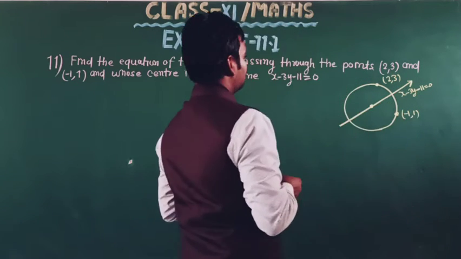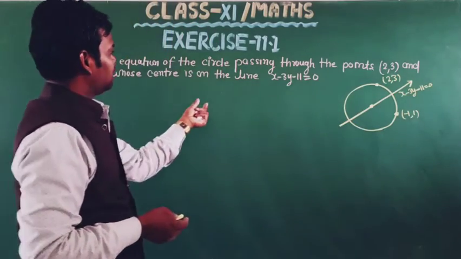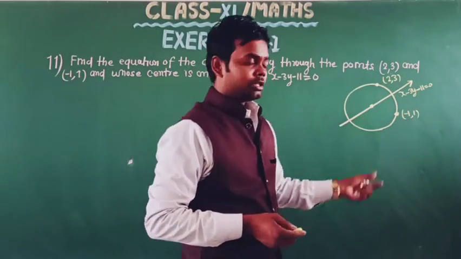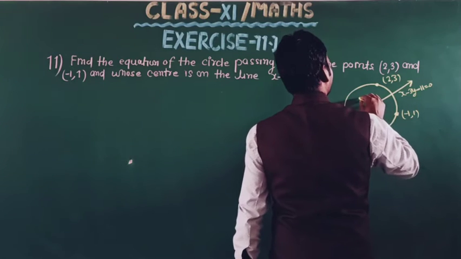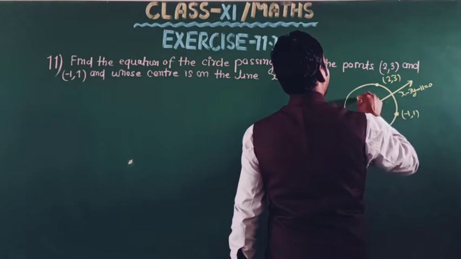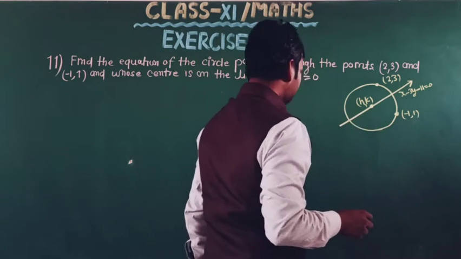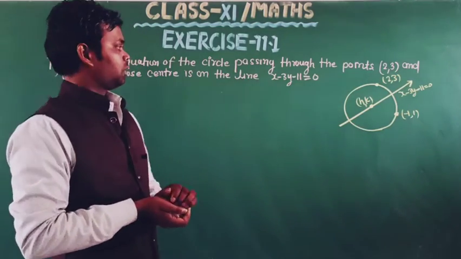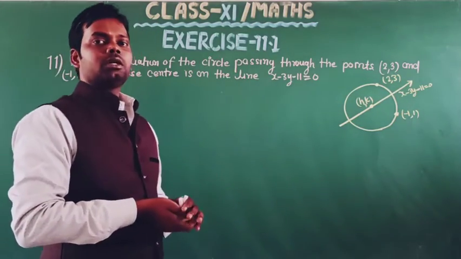This is a line passing through the center, meaning the center (h, k) lies on this line. So we have to find the equation of the circle.